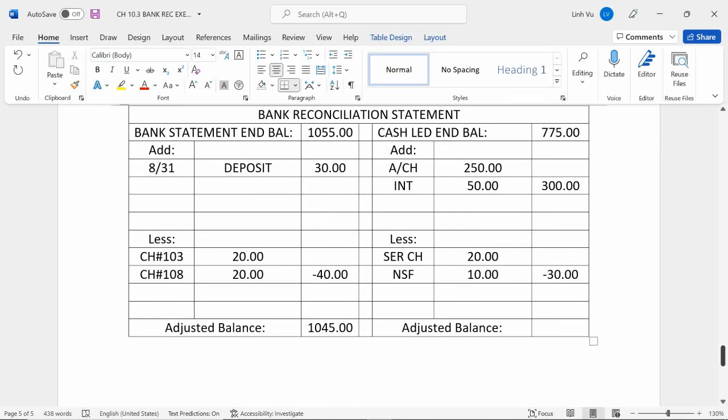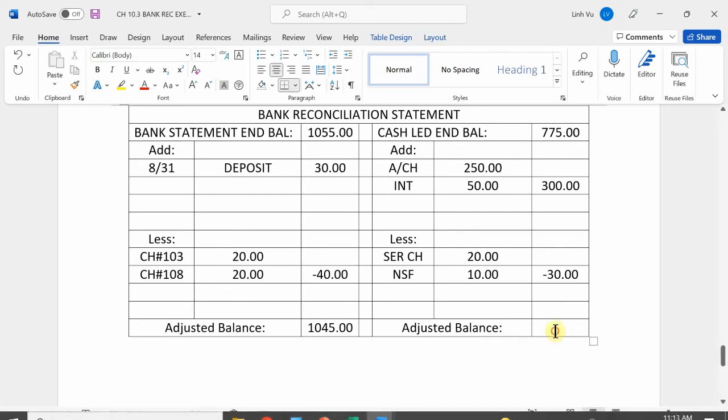So in this case, what is 775 plus 300 of your money, interest, minus $30 worth of fees? $1,045.